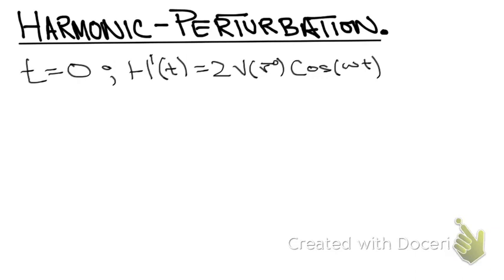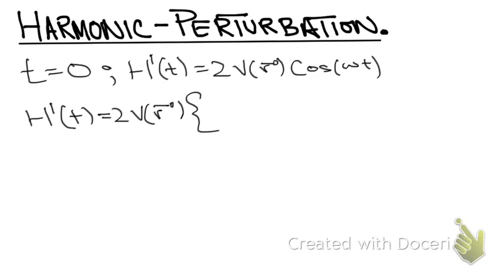So this is the sinusoidal perturbation. Okay, and we can obviously write cosine in terms of exponentials, and so we can write our Hamiltonian in terms of exponentials. Doing so, it will become 2V as a function of r, that's r, not n, it looks like n. And what is my cosine function in terms of exponentials?